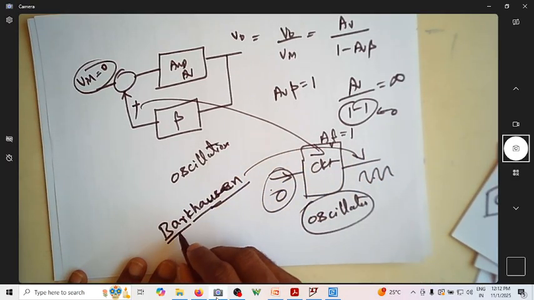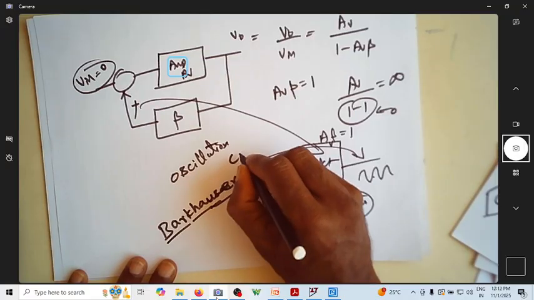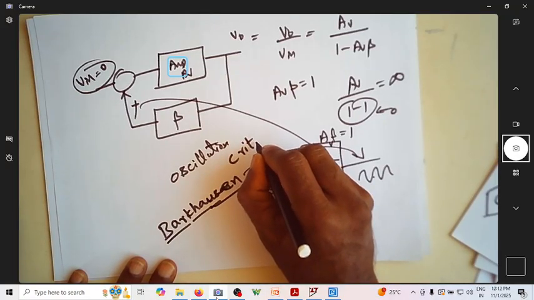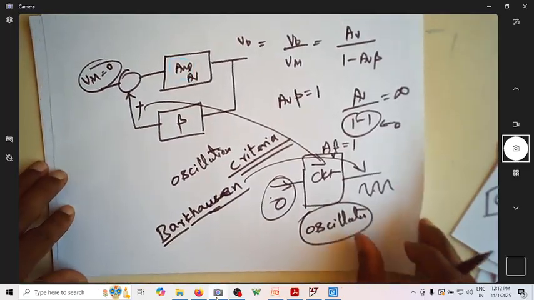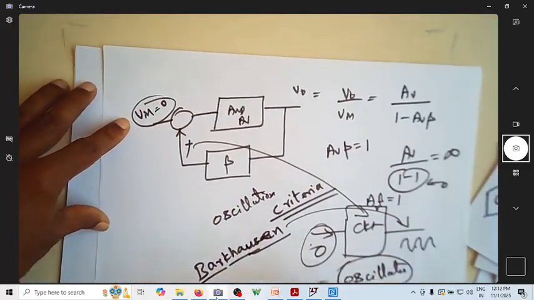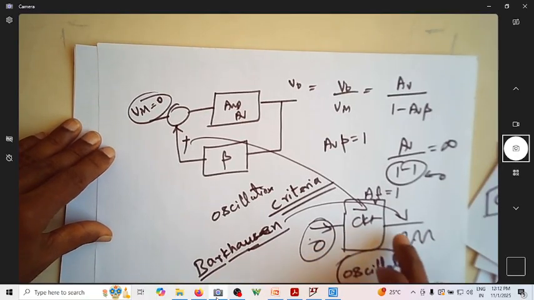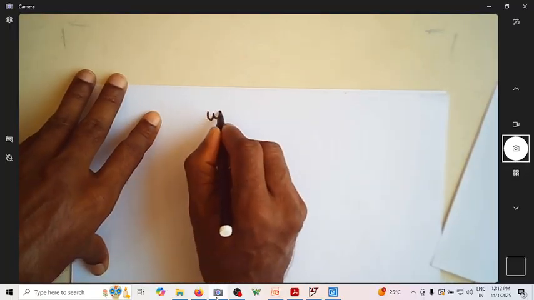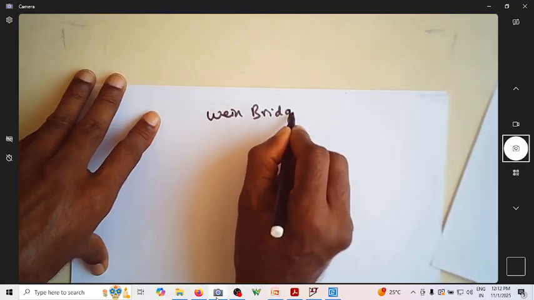That's why it is named after Barkhausen, who found this, called Barkhausen criteria. An example of this type of circuit, with positive feedback and AV beta equal to 1, is the Wien-Bridge oscillator.